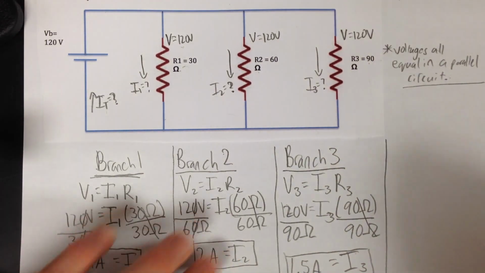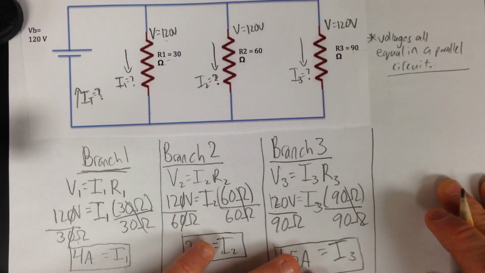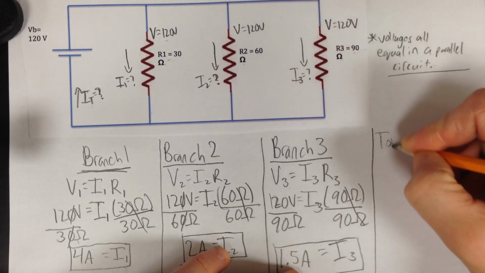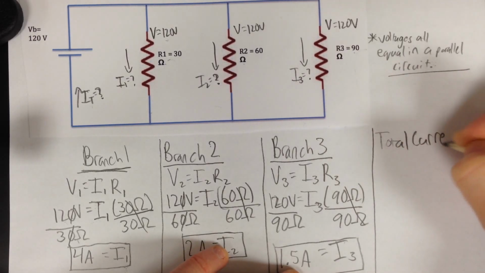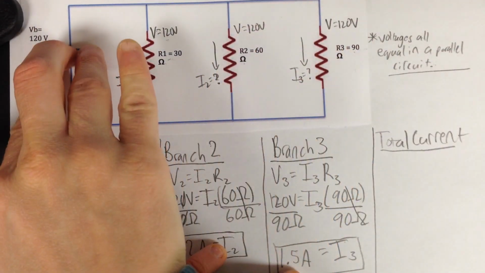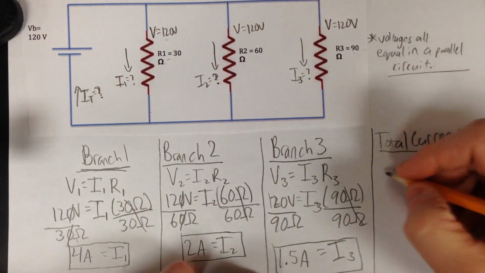But finally, the last thing we're going to do is figure out the total current. So when all three of these currents join up, all you do is add them.